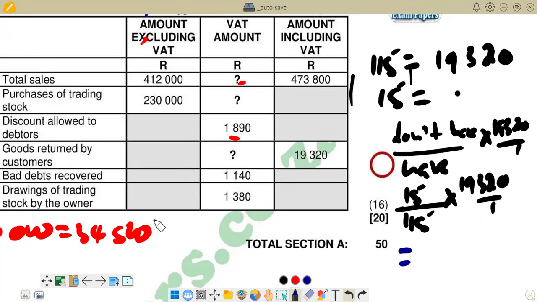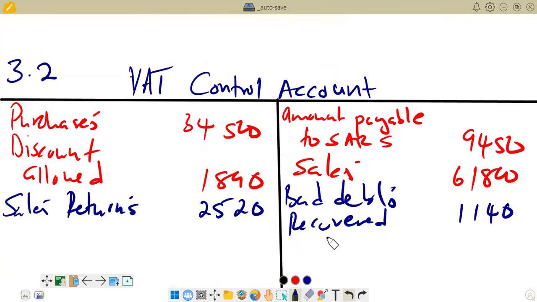So we classify it under output again because they are going out. The 1,380 that we have as VAT amount is going to go under VAT output on the credit side. So we put it on the credit side, 1,380, as drawings.